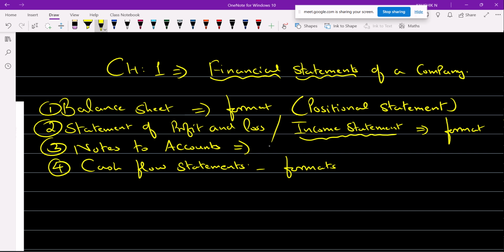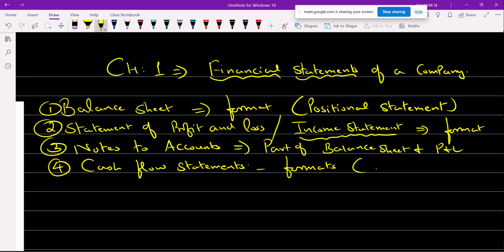Notes to account is common. You will find notes to account common for both the balance sheet and profit and loss. So notes to account is a part of the balance sheet and profit and loss. It is also a financial statement which will give you detailed information about the items appearing in P&L or in the balance sheet. And finally, the cash flow statement.